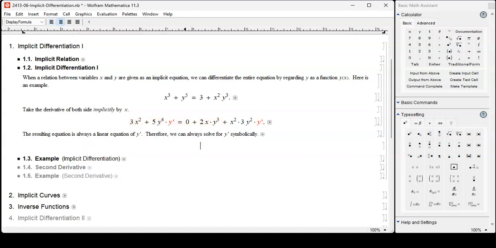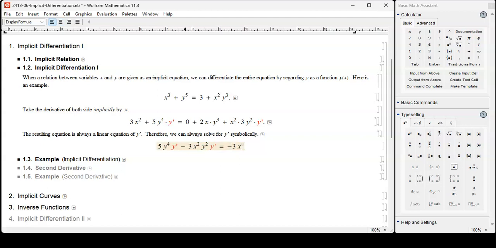So get all the y prime terms on one side, all the numbers to the other side. 5y to the fourth power y prime minus x squared, let's just 3x squared y squared. So all the y prime terms on the left hand side, everything else to the other side.